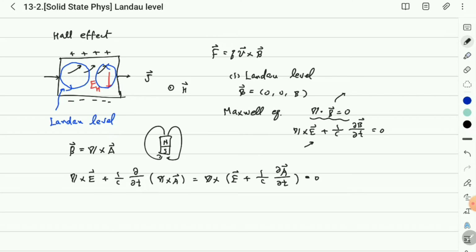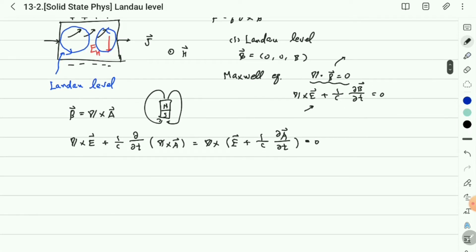And from this, since the curl of any gradient equals 0, we can define a scalar potential phi such that the curl of gradient phi equals 0.